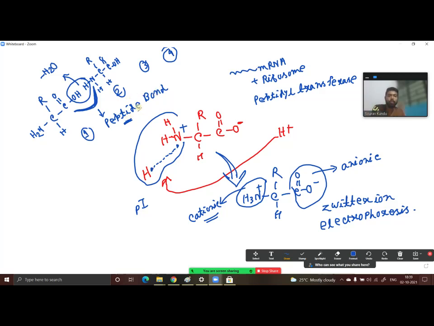And whenever more than 100 amino acids are conjoined together through peptide bonds, they form the protein structure.